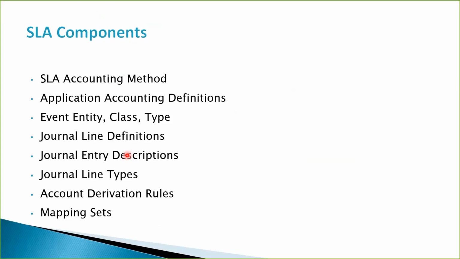If you go down to event class, it could be credit memos, debit memos, standard invoices. Event types are what? Creation of an invoice, payment of an invoice, canceling an invoice, that's an event type. And we can say that at the lowest level, that is what we usually create accounting for, or what we can base our configurations around.